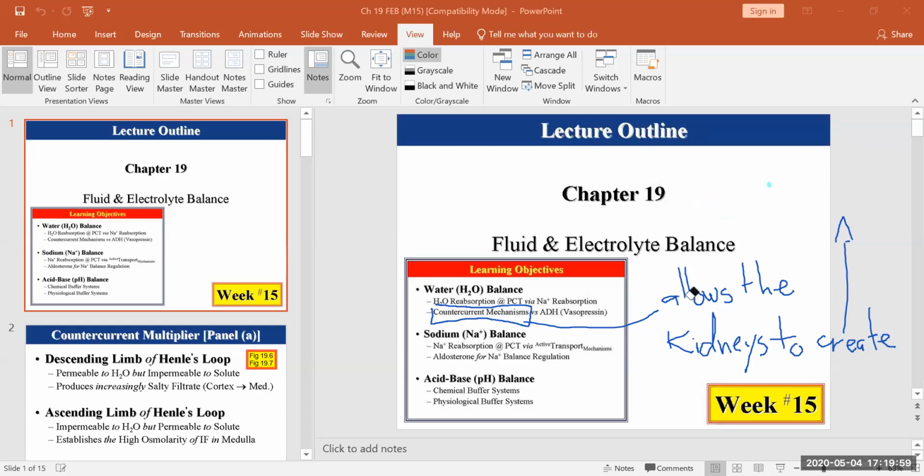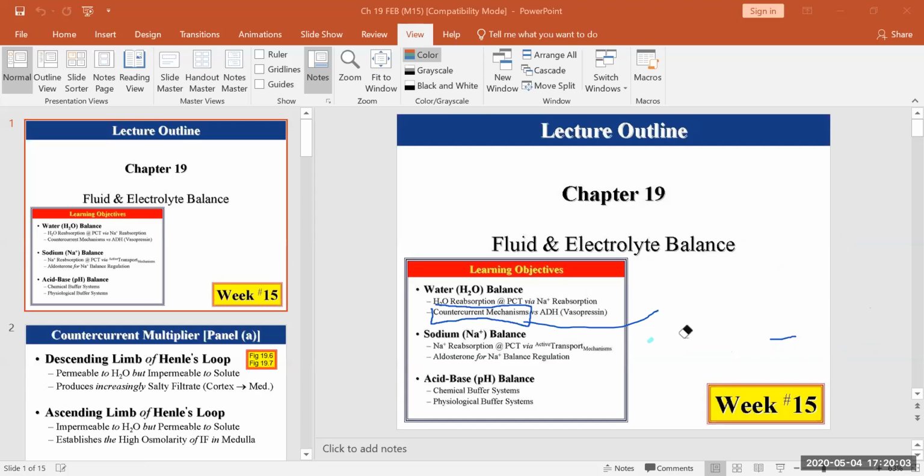Okay. So let's go and learn in detail how this countercurrent mechanism works. And when we say countercurrent mechanism, there are actually two components.